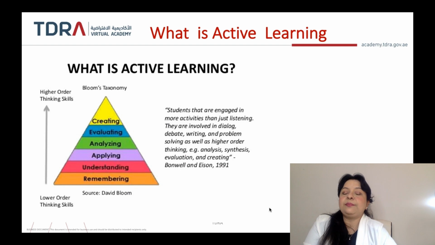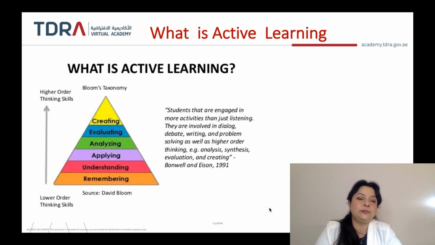So going a little deeper into that, we have somebody called Benjamin Bloom, and he had created Bloom's taxonomy. And this beautiful pyramid over here talks about the levels of learning, where he talks about remembering, understanding, applying, analyzing, evaluating, and creating. And as we go further up, we realize that we are moving from low order thinking to high order thinking skills. So students, therefore, are engaged in more activities than just listening.